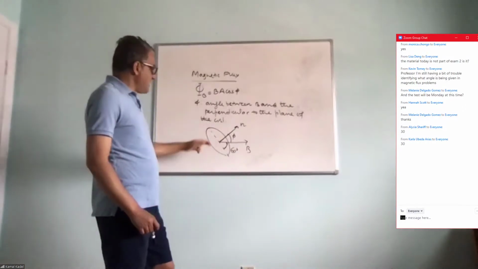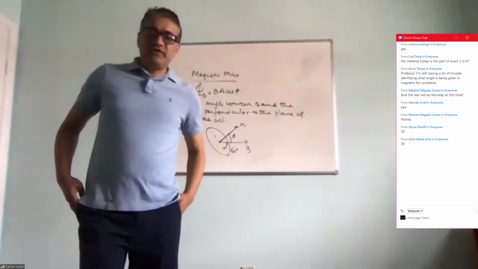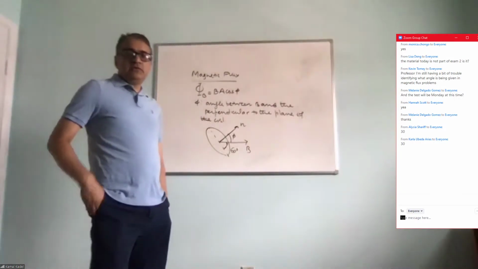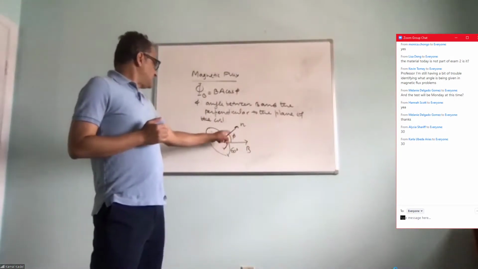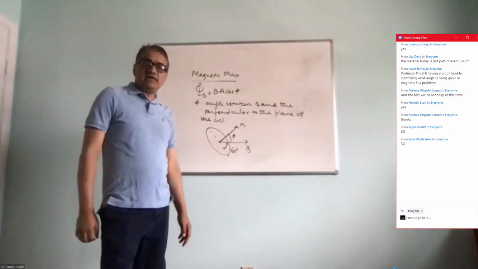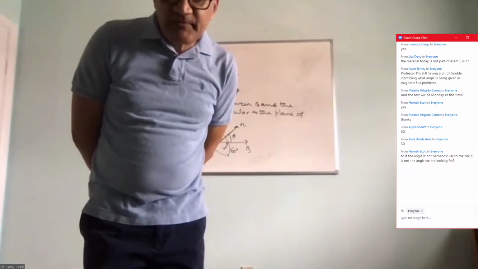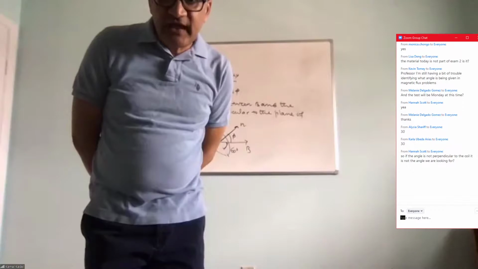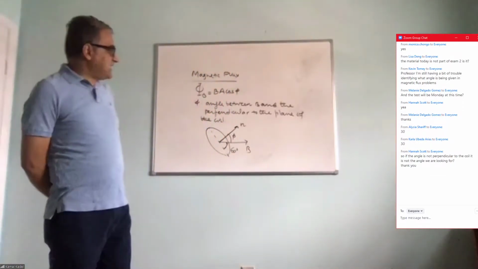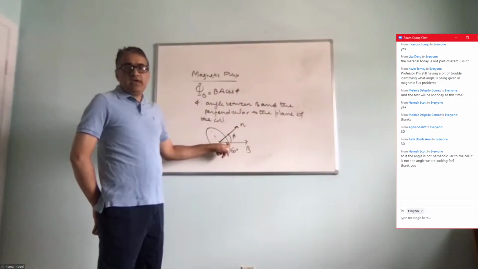But if it says the magnetic field makes some angle with the coil, then that is not the angle we are looking for. We need to find the angle with the normal, which is 90 degrees minus the given angle. The angle has to be the angle made by the magnetic field with the perpendicular to the coil.